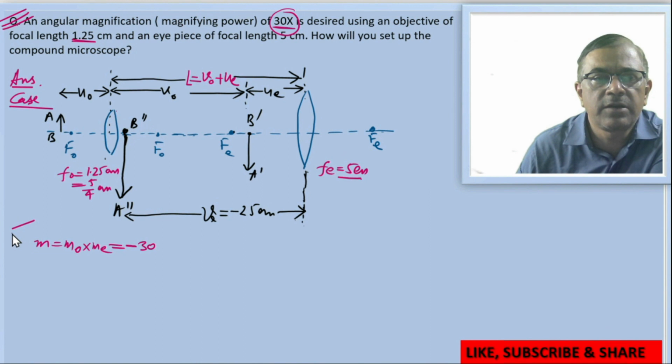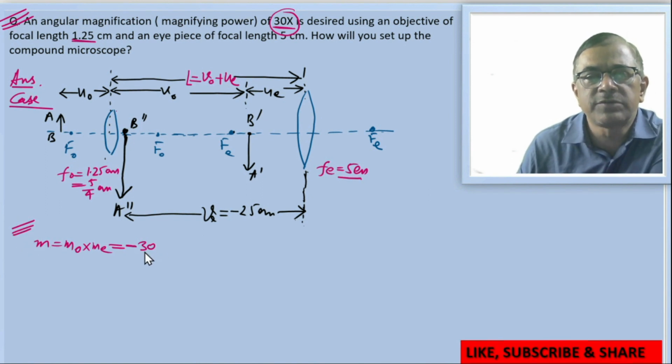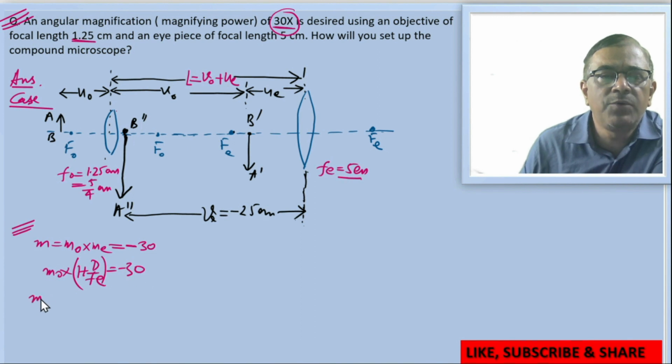So let us start our solution with the known information that the magnification of the compound microscope equals 30. Let's keep MO as it is, and the value of ME equals 1 plus D by FE, and this equals minus 30. MO multiplied by 1 plus D, which is 25, by F, which is 5, equals minus 30.